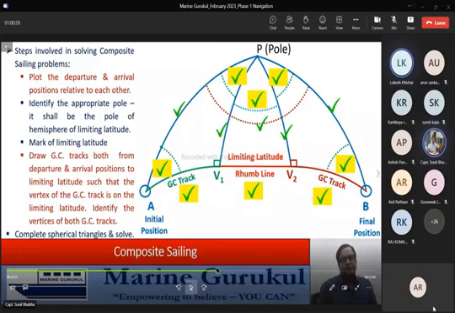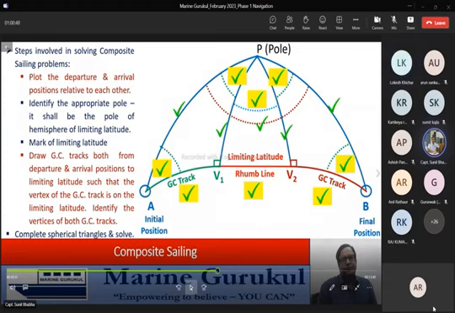Sir, this value of angle A, if we calculate from triangle PAV1 using Napier's rules, it is coming like some value. But when we assume that A to B is a complete great circle track and use the cosine formula, then the value of A is coming different, sir.